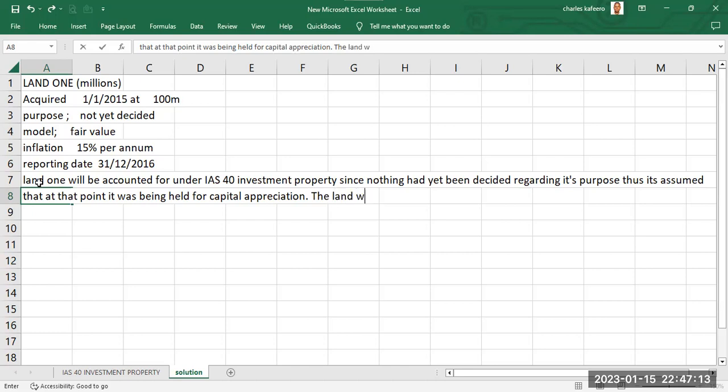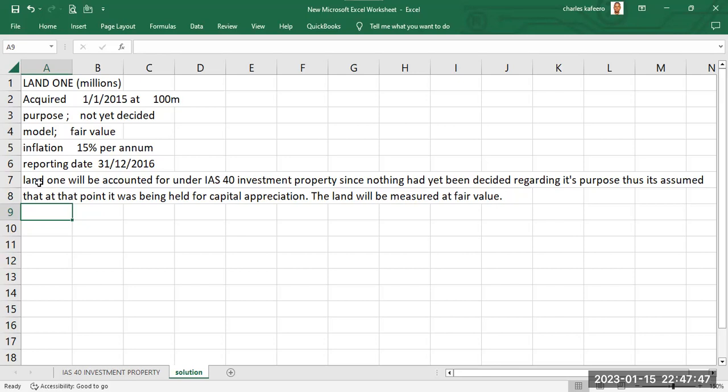The land will be measured at fair value, because that's what actually, even if this one you don't put it, because that's what actually they have given us in the question, because they said Nyumban Limited is using a fair value measurement base.